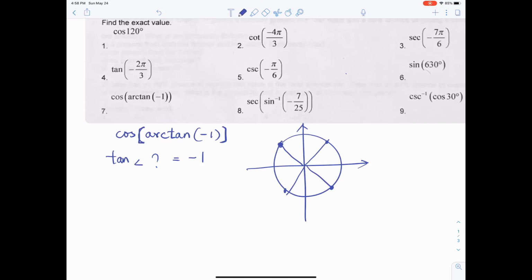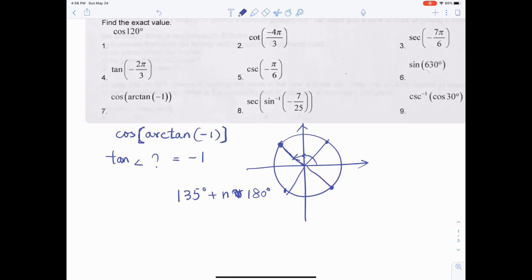So this one, negative 1, so this one is 90, 135. So 135 degrees plus n times pi. Every 180 degrees, n times 180.